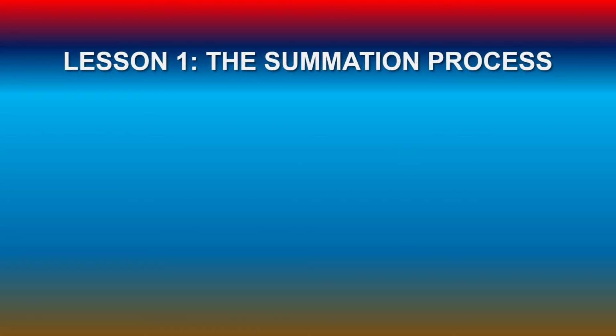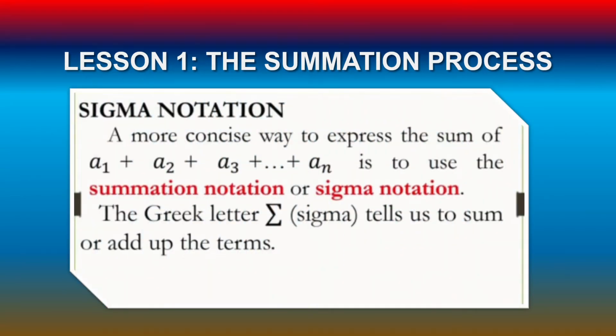Lesson 1. The summation process. Sigma notation is a more concise way to express the sum of a series from a sub 1 to a sub n. To use summation notation or sigma notation, the Greek letter, this symbol, is called sigma.